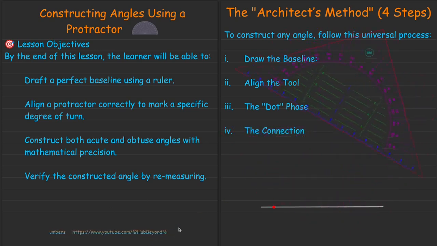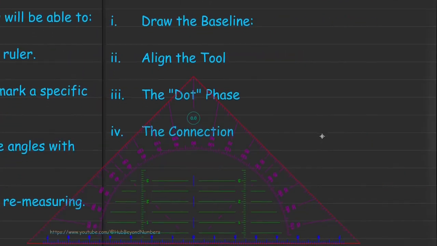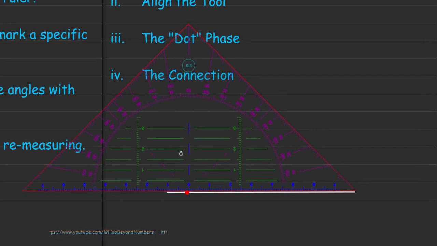In our previous lesson, I showed you how my protractor looked, and then I explained how the normal protractor also looked. So we align our protractor. Let me zoom in so that you can see it clearly. You align it such that the baseline is on your line, which would become one arm of your angle.